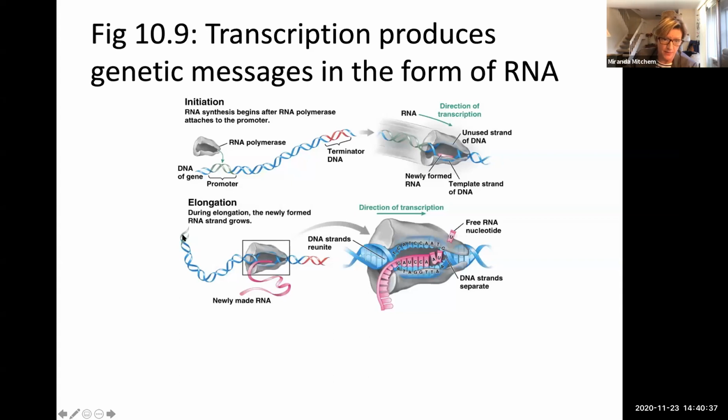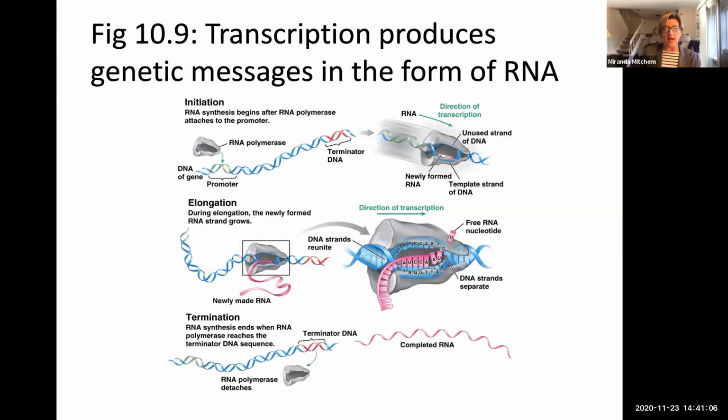It began by binding to the promoter, but now we've moved down through the process. And you can see the growth of our RNA molecule, which is shown in pink here. It's adding the RNA nucleotides in 1 at a time, following the base pairing rules off of the template DNA strand. So T to A, C to G. T, of course, being in the DNA.